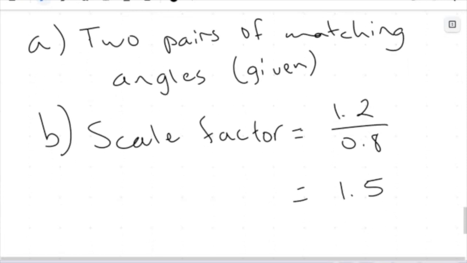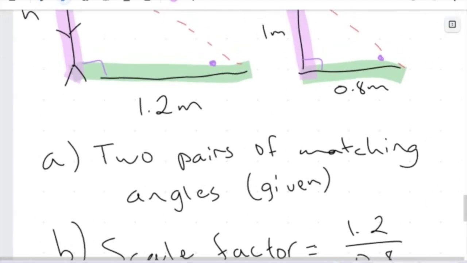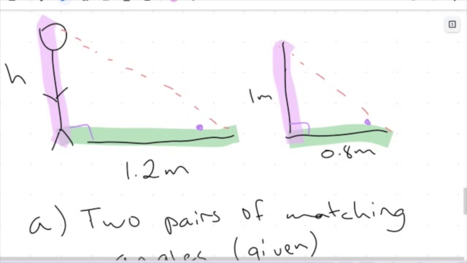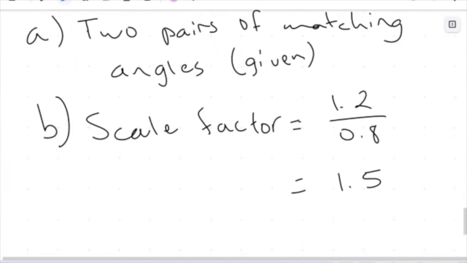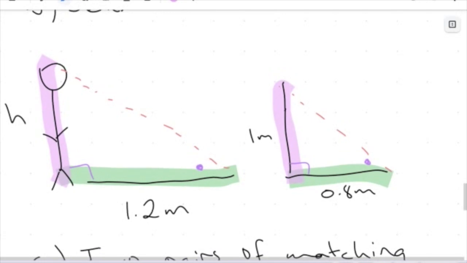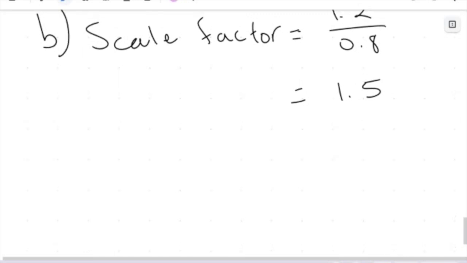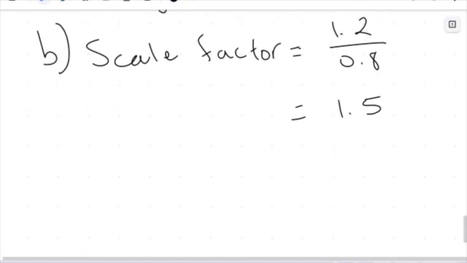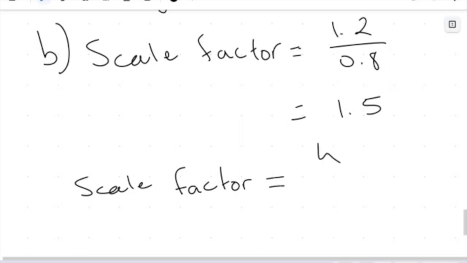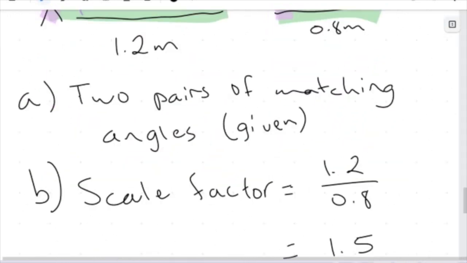But now, because we've already proved that these two triangles are similar, that scale factor of 1.5 is going to be the same scale factor for h to my 1 meter here. So therefore, because scale factors are the same for all corresponding sides of similar triangles, that means that my scale factor is going to be equal to Chris's height h over 1.